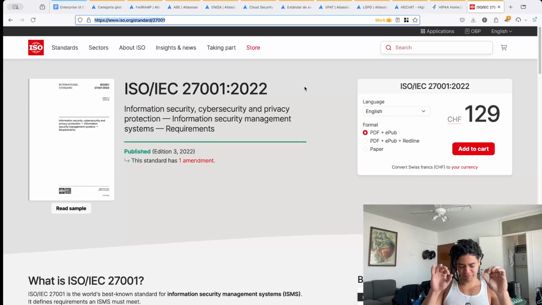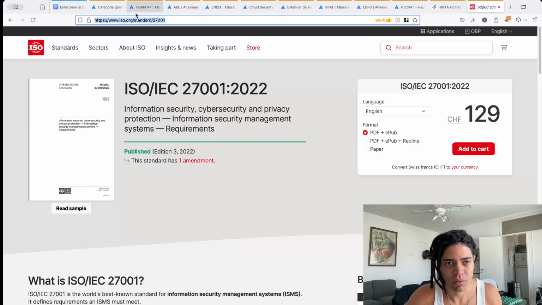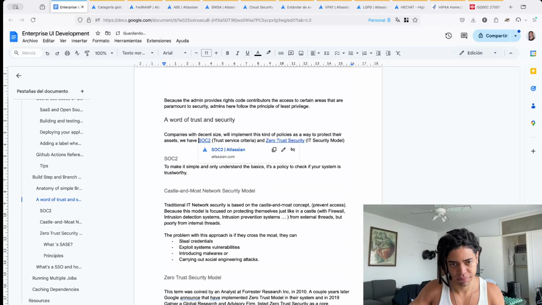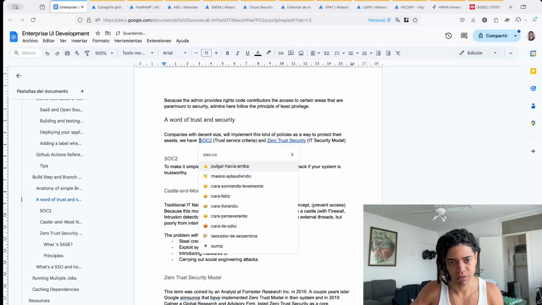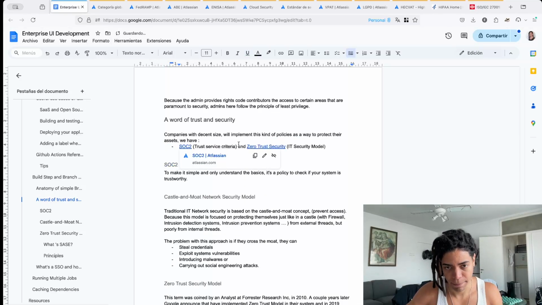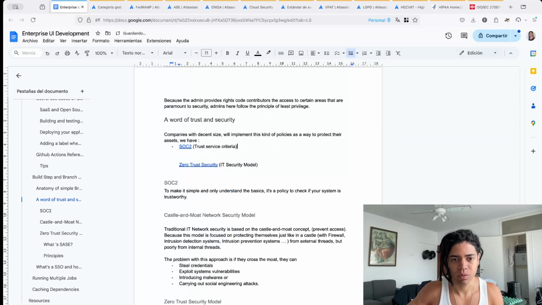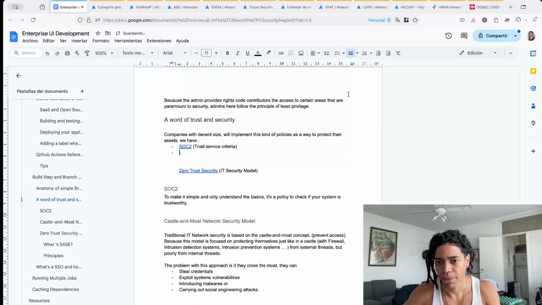Okay, all right. Let's go summarize this a little bit. A world of trust and security, right? So a company of decent size will implement this kind of policies as a way to protect their assets. So we have SOC, a trust service security.